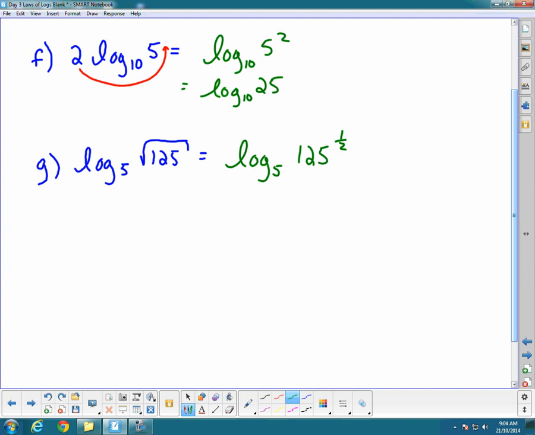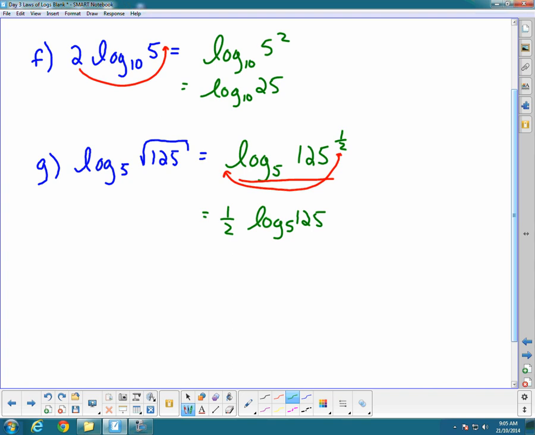Well, now I can use the power law that I just looked at. It says I'm taking the log of something with an exponent, so that exponent can come out front. So I'm going to bring it out front, and it becomes 1/2 log 125 base 5.